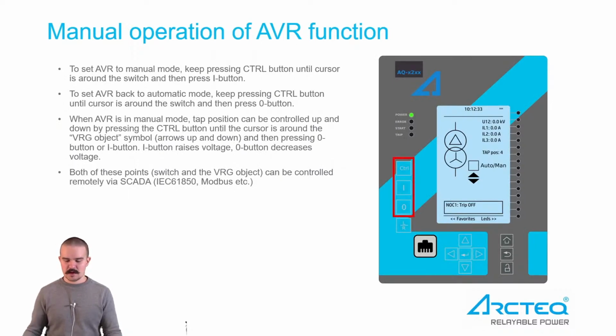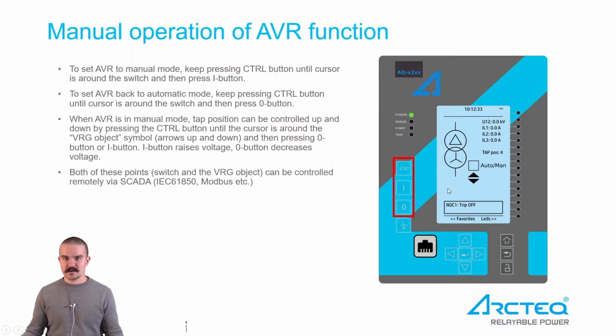So then when you have those points in the mimic, you can control these points by pressing this control button until a cursor appears around either of these. So first you would put the cursor over this automatic manual mode switch, and then when that is highlighted, you can activate manual mode by pressing 1 or disable it by pressing 0.